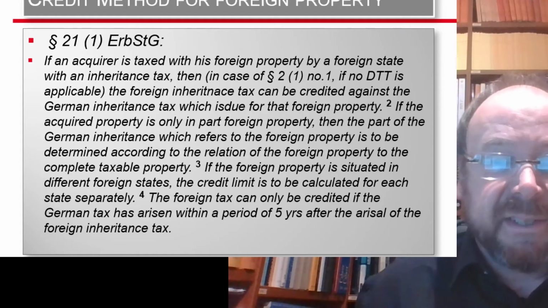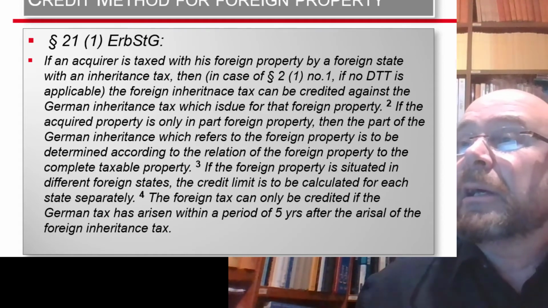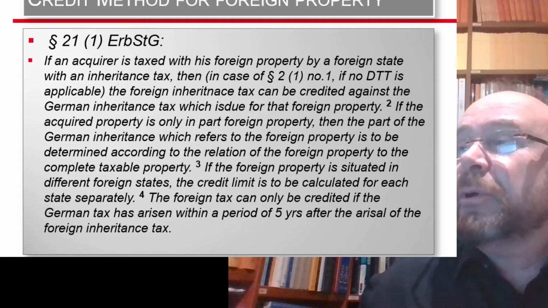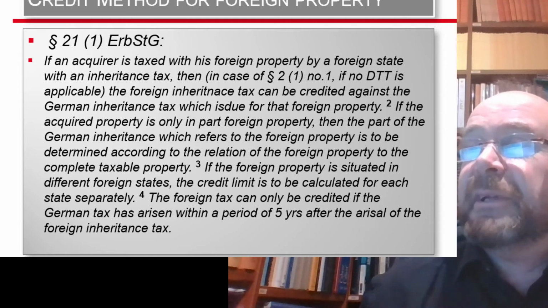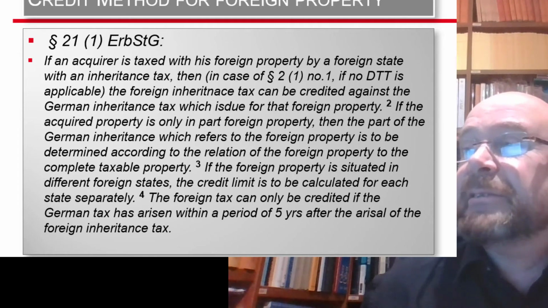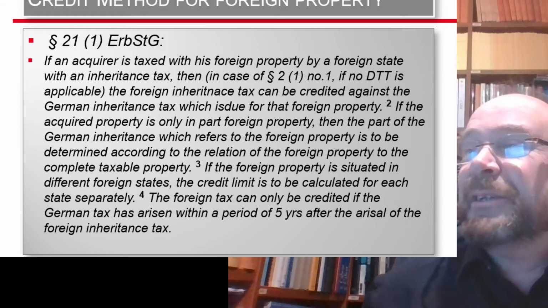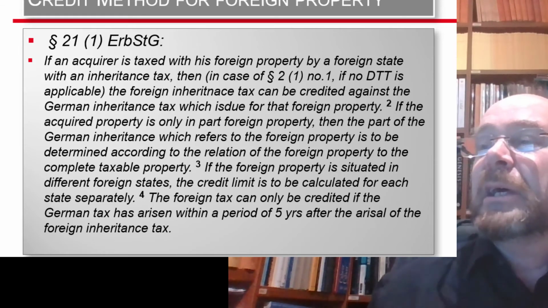So here you can see that if an acquirer is taxed with foreign property by a foreign state with an inheritance tax, then in case of 2.1 number 1, if a double taxation treaty is not applicable, the foreign inheritance tax can be credited against the German inheritance tax, which is due for that foreign property.